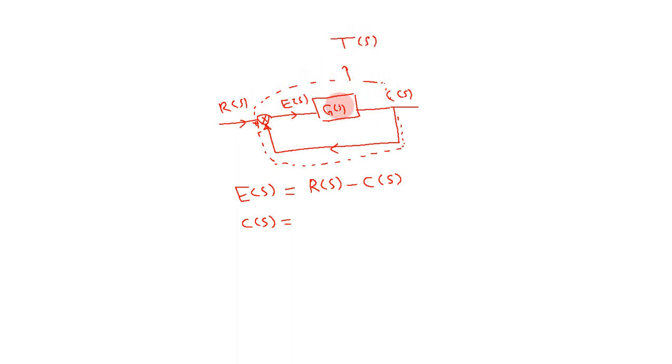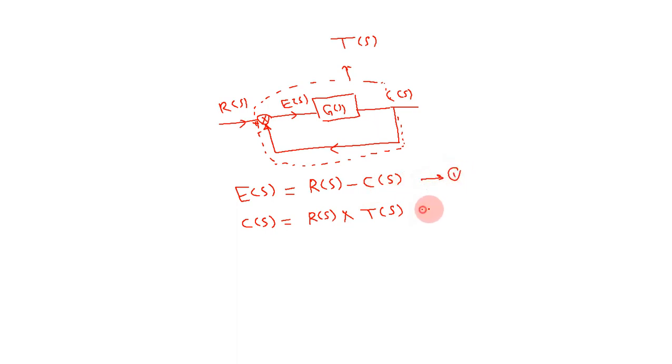When we consider the feedback, this whole system transfer function we call the closed loop transfer function. So the value of C(s) here will equal R(s) times T(s), because the closed loop transfer function T(s) equals the output over the input.